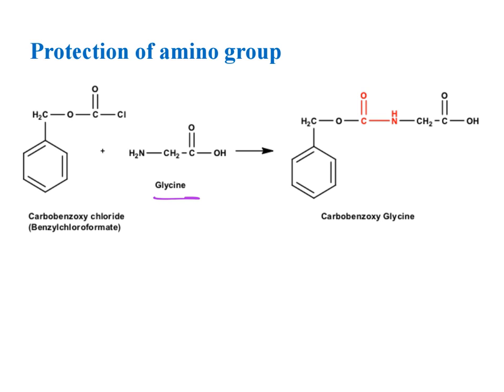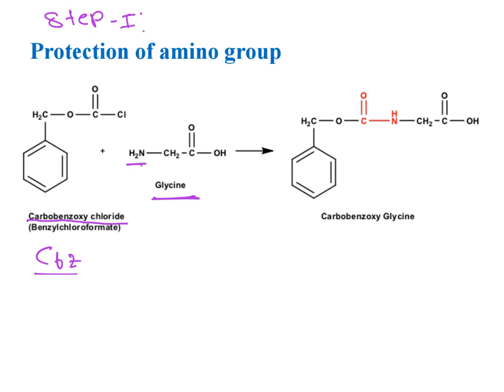I am protecting the NH2 group of glycine with a well-known protecting group, carbobenzyl chloride, which reacts with the amine and converts it into carbobenzoxyglycine. This is commonly known as the CBZ group, the carbobenzoxy group.